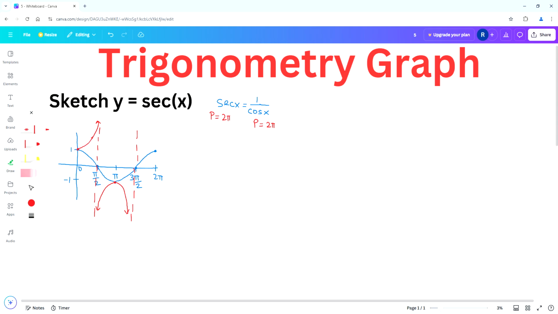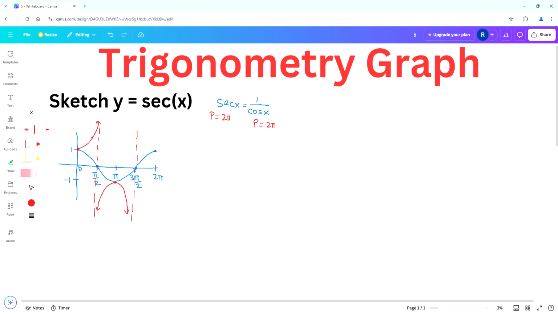If we want, we can extend the curve on the left side of the y-axis. It will go up along the vertical asymptote at negative pi over 2, because in the secant x graph, the vertical asymptotes are pi units apart.